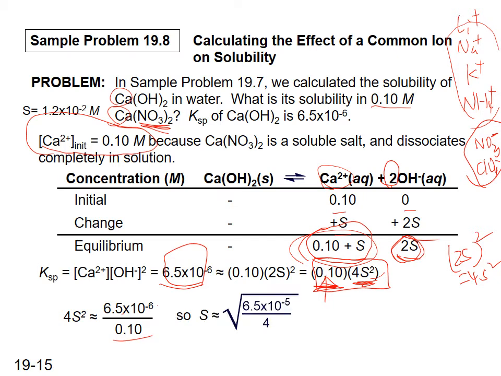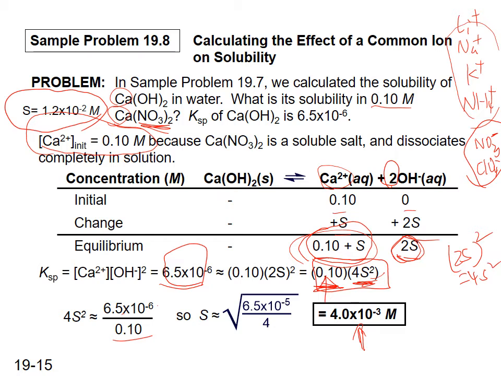Then you can calculate S, and the solubility is 4 times 10 to the minus 3. Compared to the solubility before you add the common ion, you can see it becomes smaller. So it's consistent with our prediction that the common ion effect decreases solubility.